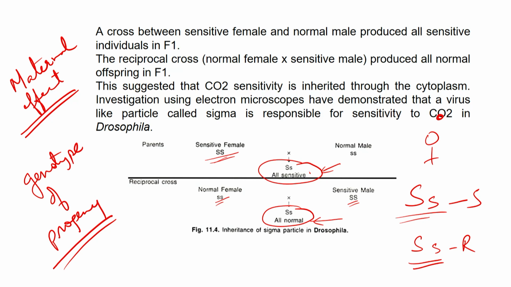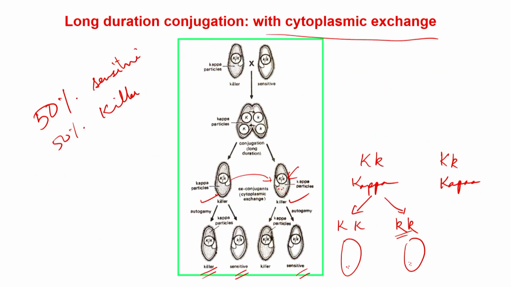Now, what are these sigma particles? By using electron microscope, again a virus-like particle is present. This virus-like particle is responsible for giving this phenotype, similar to what was observed for Paramecium.